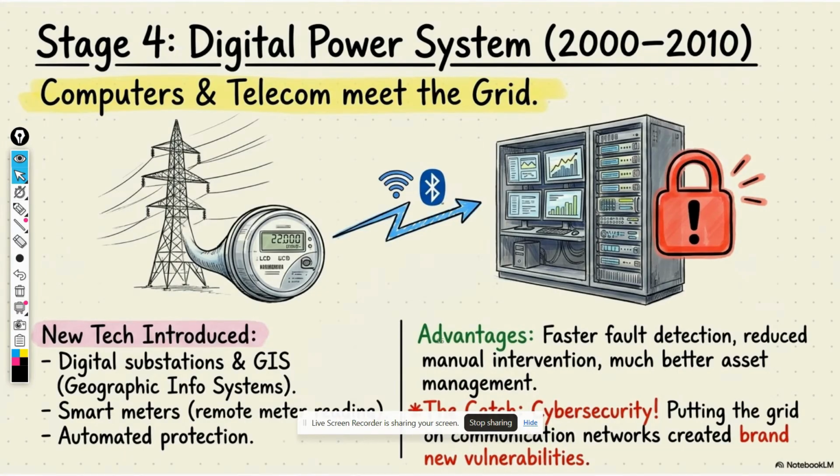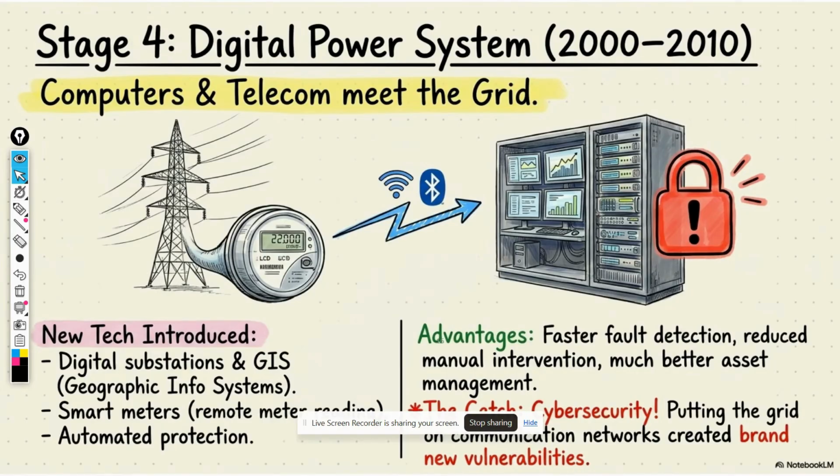These technologies were not limited to mobile phones and computers. They also started transforming the electric power system. Instead of depending completely on manual operation, utilities began introducing digital technologies into power generation, transmission, and distribution. This process is called the digitalization of the power system.